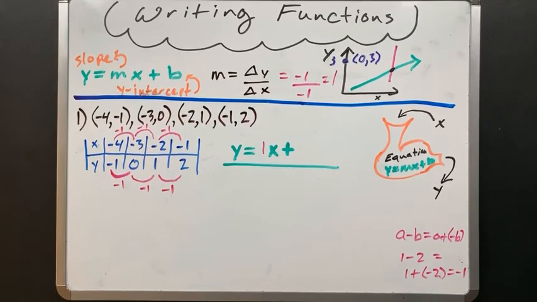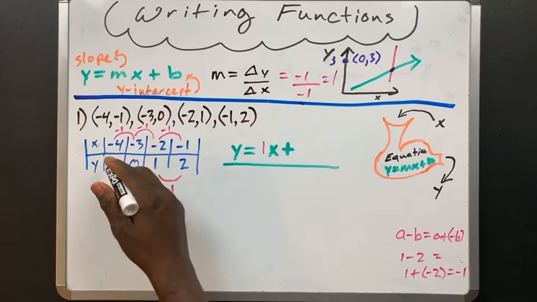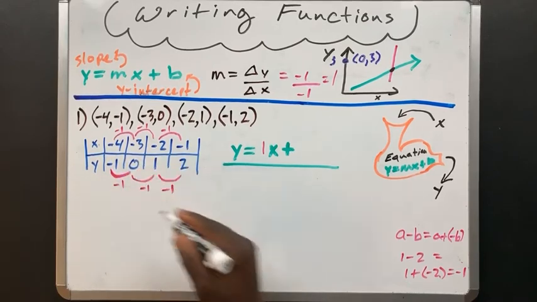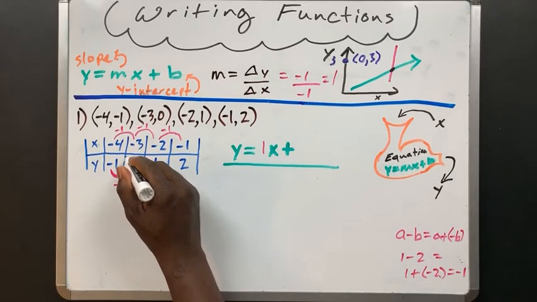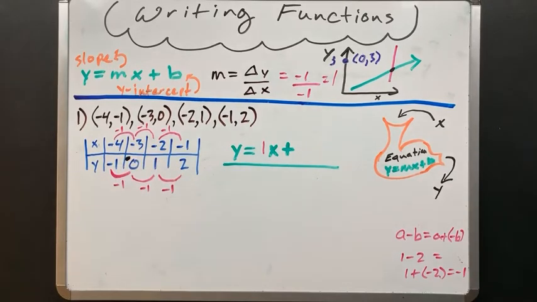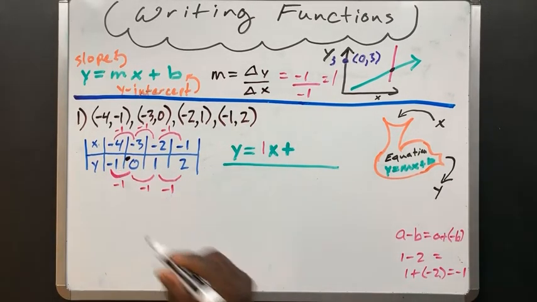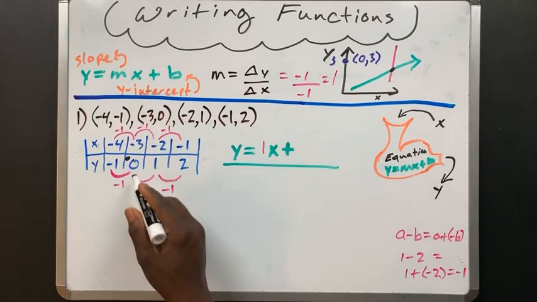All right? So let me show you what I mean. We can actually pick any one of these values for x comma y. In this case, I'm going to pick this one because it seems pretty simple. So I put a dot there. So the y value is 0.